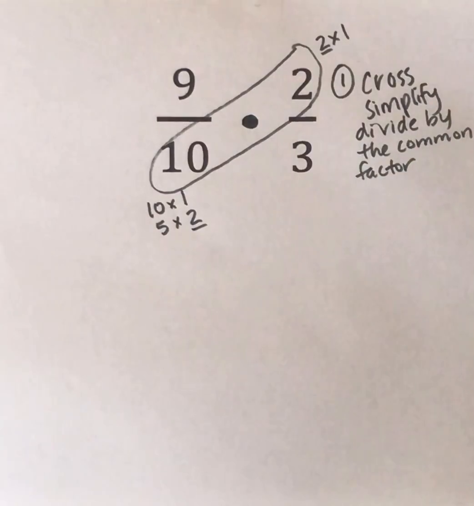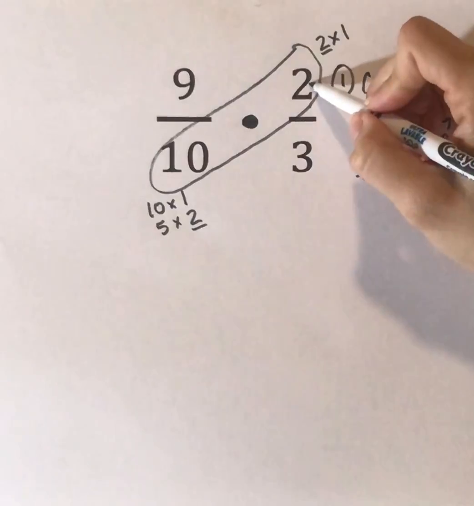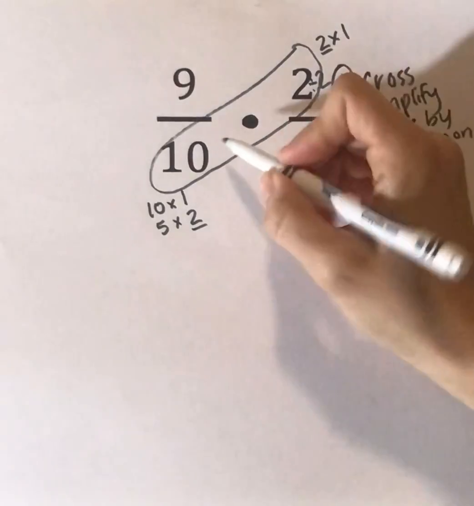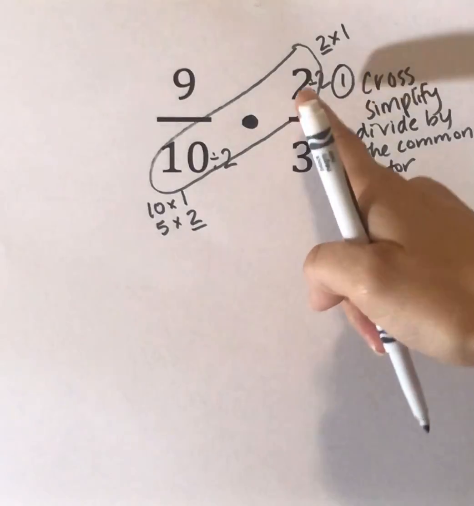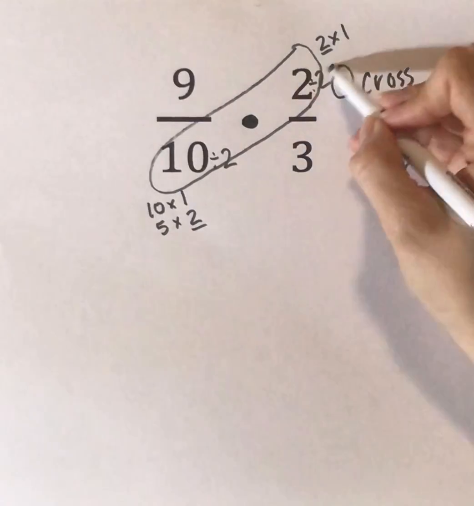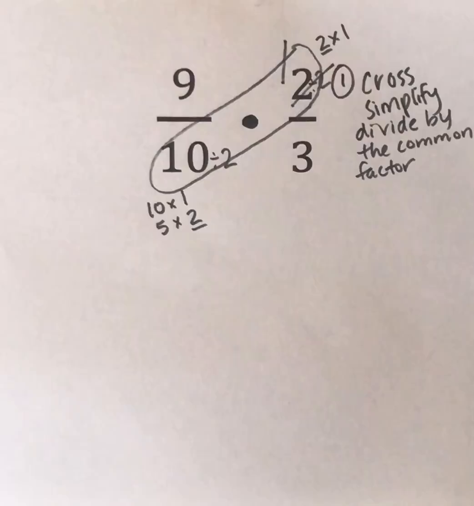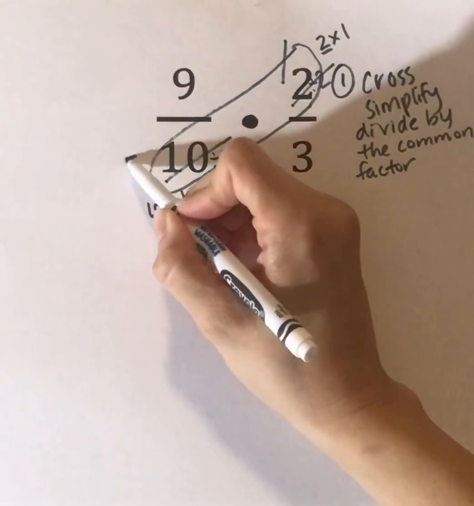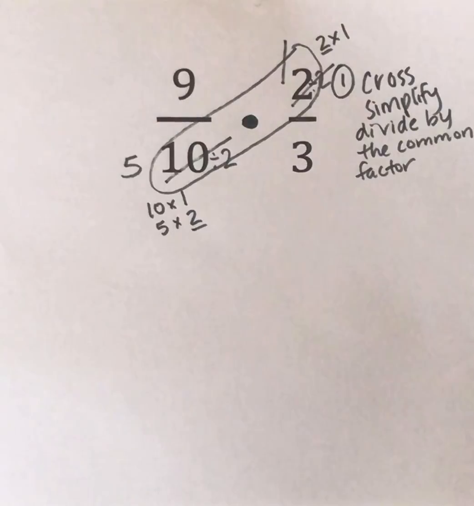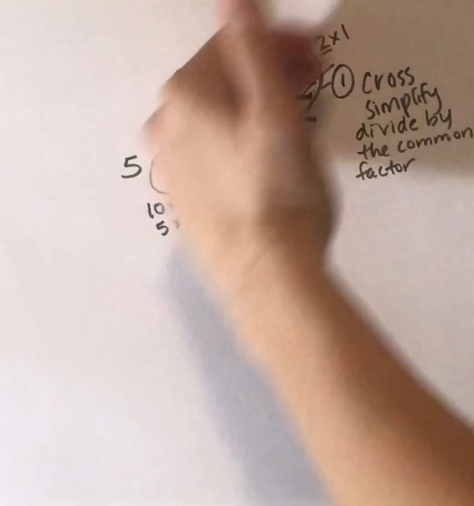For example, I'm going to divide 2 by 2, and then I'm going to divide 10 by 2 as well. 2 divided by 2 gives you 1. 10 divided by 2 gives you 5. So we just simplified our cross.